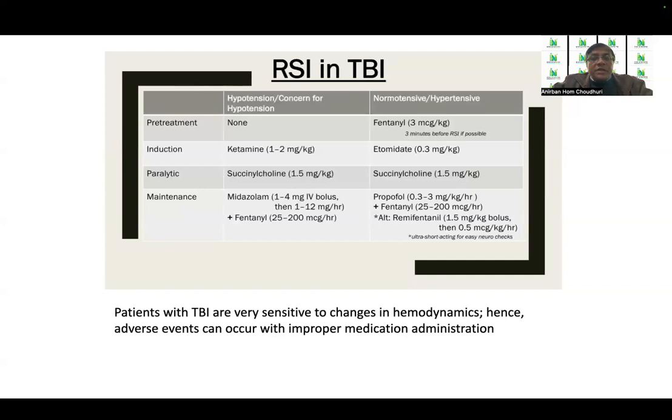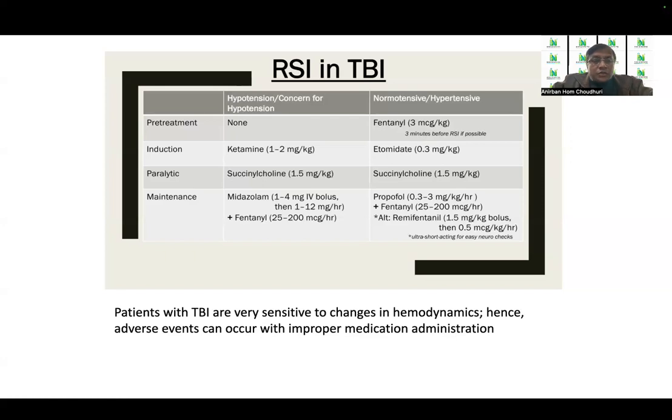So the pre-treatment is avoided in such patients who have a risk for hypotension, whereas fentanyl can be administered 3 minutes before rapid sequence induction if required in a normotensive or hypertensive patient population. As I said, for induction, ketamine may be a suitable choice in view of potential hypotension, whereas etomidate can be a suitable agent in normotensive or hypertensive patients.